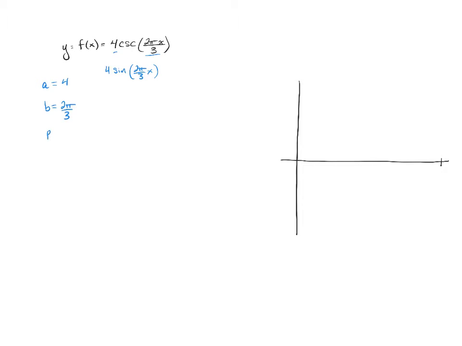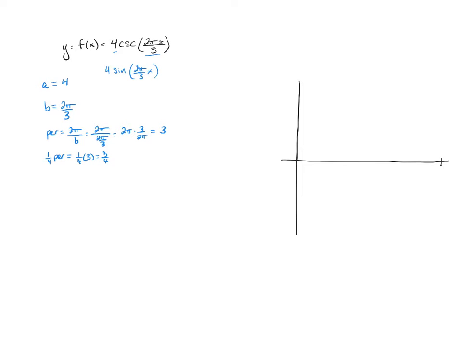So if we set up our period to be 2 pi over b, that's 2 pi over 2 pi over 3, and simplify that to 2 pi times 3 over 2 pi, we get a period of 3. So 1/4 of our period is 1/4 of 3, or 3/4.